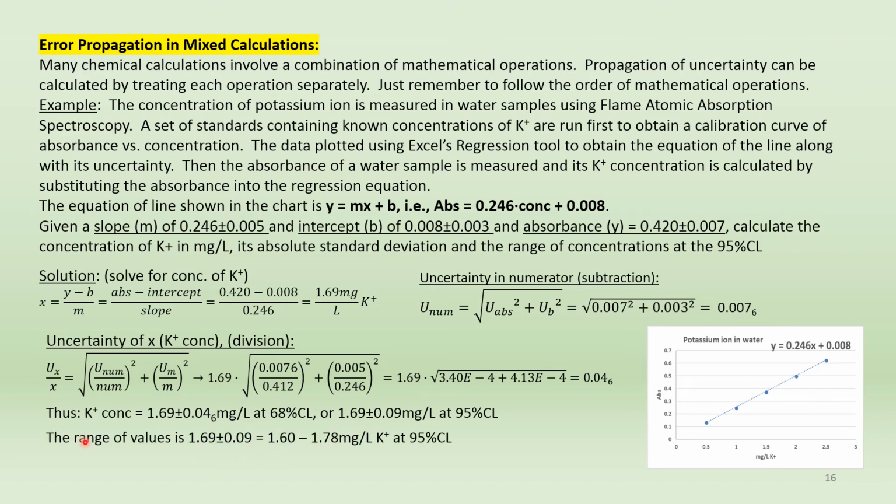So the range of values is 1.69 plus or minus 0.09, and this gives me a range of 1.60 to 1.78 milligrams per liter potassium at the 95% confidence level. Now, looking at that, just given the uncertainty, the range from 1.6 to 1.8 almost, I would report to my client a number of 1.7 plus or minus 0.1 milligrams per liter at the 95% confidence level.